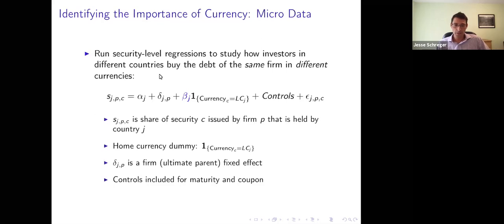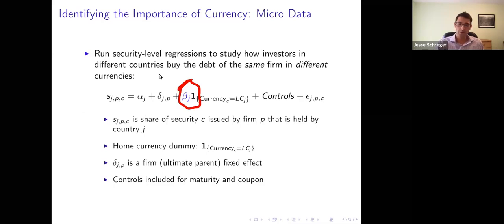We run a security-level regression where the left-hand side variable is the share of any given security C, an individual bond issued by firm P, held by investors in country I. The main coefficient we're interested in is this beta: how much more of a security do you own if the security is in the investor's currency?